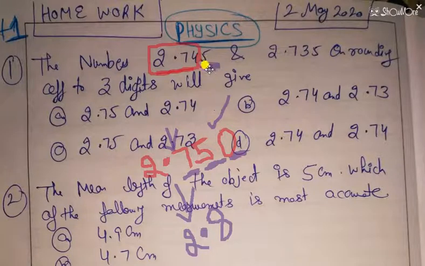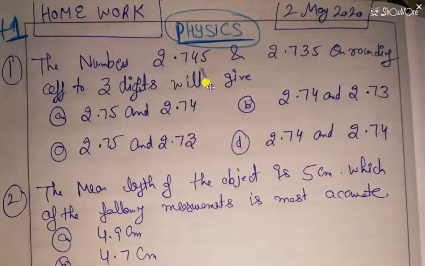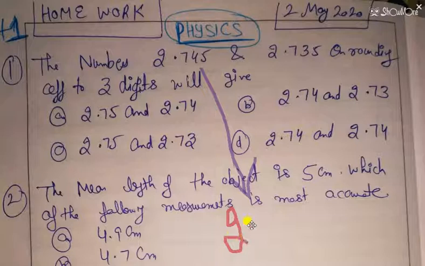If it is odd, then we increase it by 1. In the same way, you can check from this question, 2.745 is given here. If I have to convert it into 3 digits, then I will write 2.74, then the next digit after the 4 is 5. I have to check that the next term is not present, so that means 0.